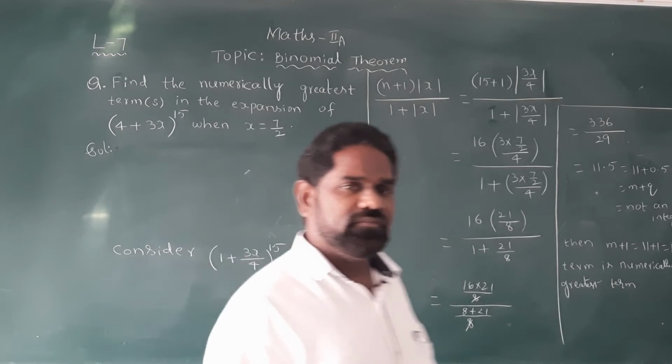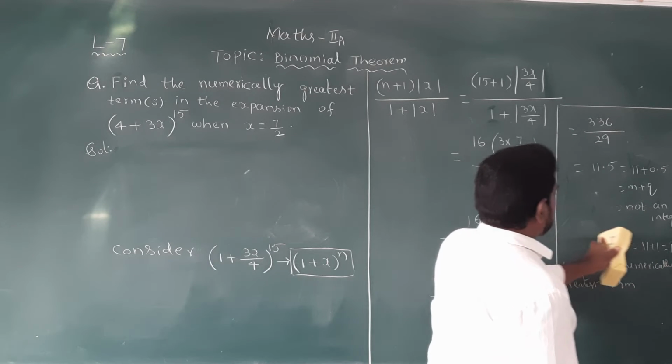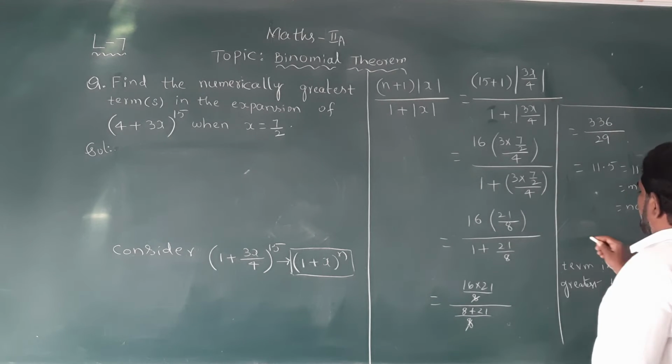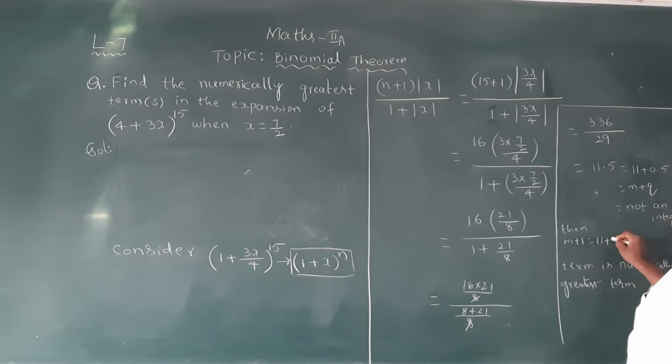The 12th term is the numerically greatest term. Now we are going to find the 12th term. Understand? So this is m plus 1, then m plus 1 equals 11 plus 1, equal to the 12th term.